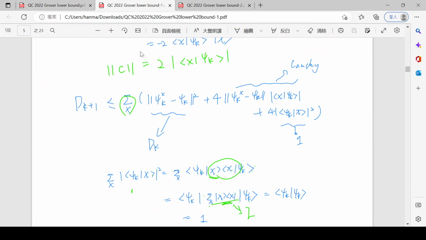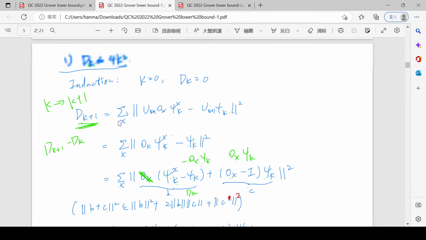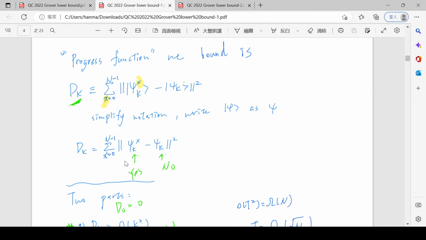So we go to this more specific slide. This is the progress function. The psi_k is the state of the algorithm when the input is the all-zeros string, and because there is only one all-zeros string, we just didn't write it in this notation.